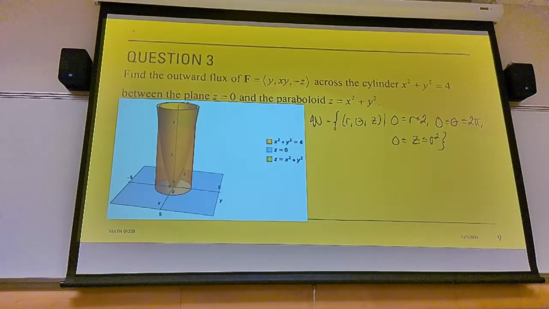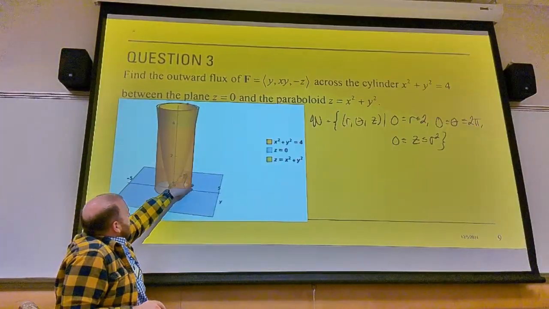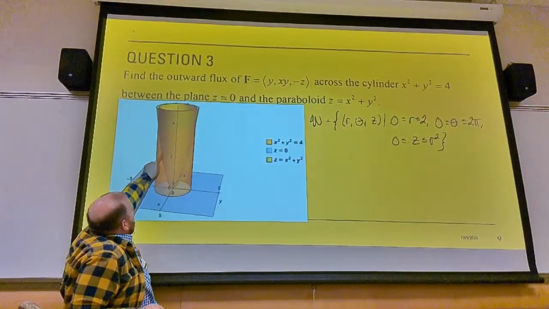So it's like that corner rotated around the origin. The region is just everything inside the orange but outside the green. Got it.